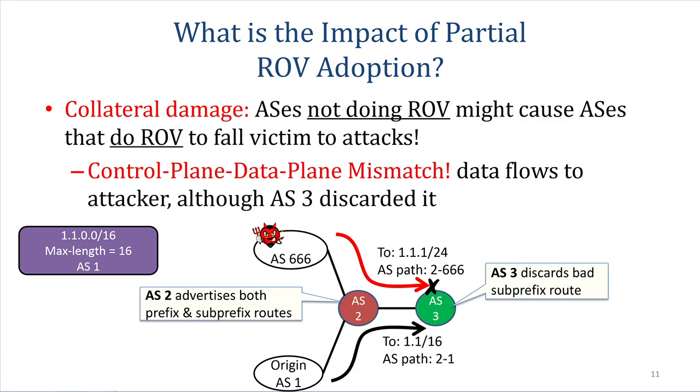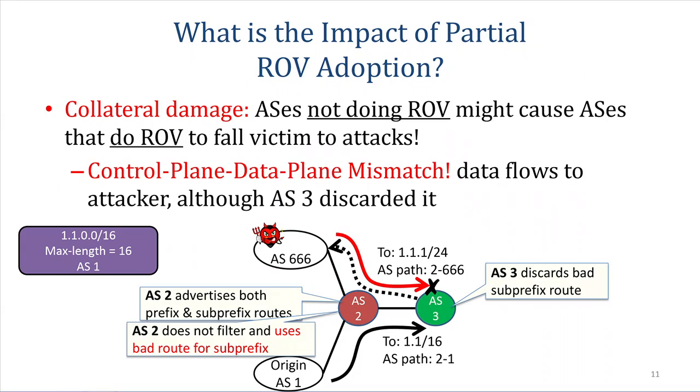So first to AS2 and then to AS1, except we don't have source routing on the internet. And so what happens is that the packets reach AS2, but in AS2's routing table, they are actually routed to the attacker at 666. So the attacker would actually get the traffic even though AS3 did not want them to send that way.